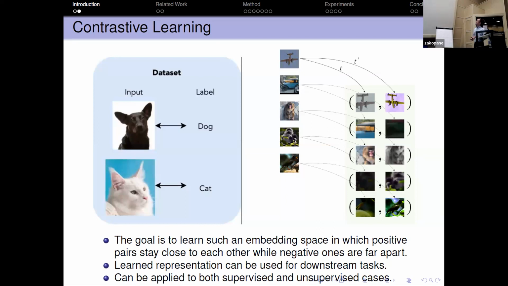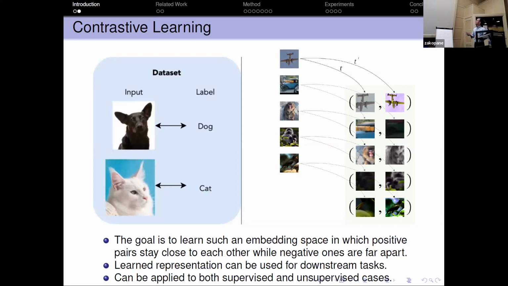We can pick one image, and use some data augmentation to generate other similar images. Among these data augmentations, we have, for example, random flip, random crop, color jitter, Gaussian blur, and so on. So we can generate a lot of positive and negative pairs without knowing the true label.